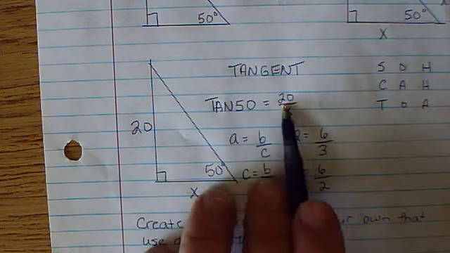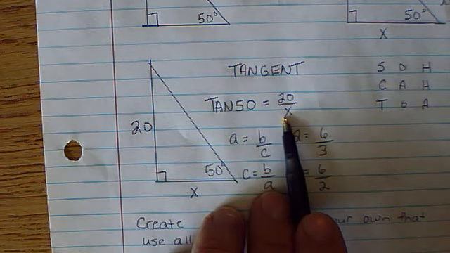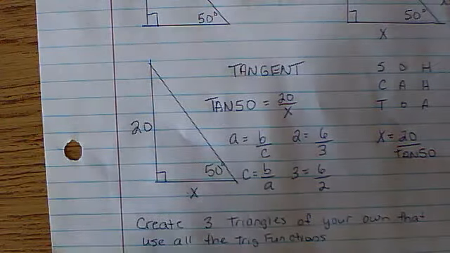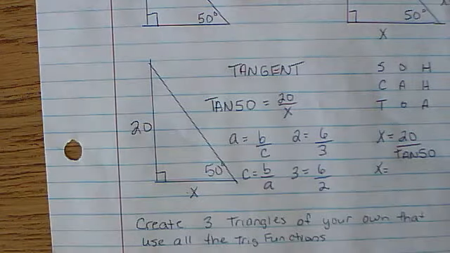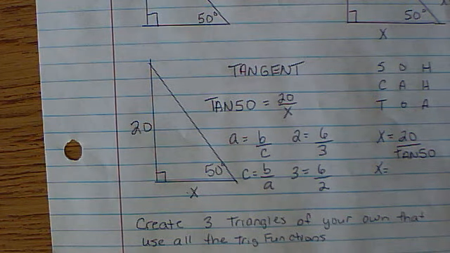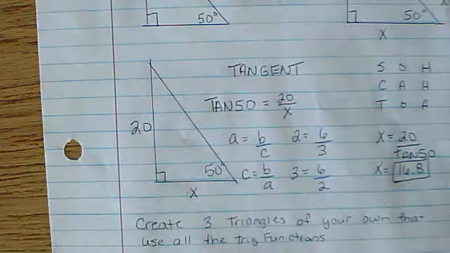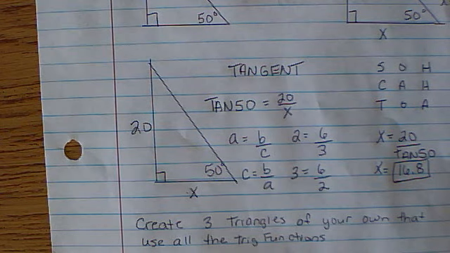So I can do the same process here if I have x in the denominator of my ratio. So I can say that x is equal to 20 over the tangent of 50. And then I can find my value for x. So 20 divided by the tangent of 50 would give me 16.8 as my answer for x. And that would be my value.